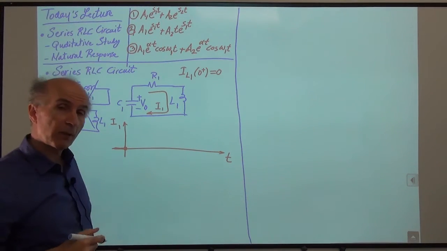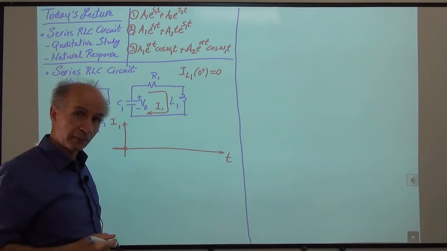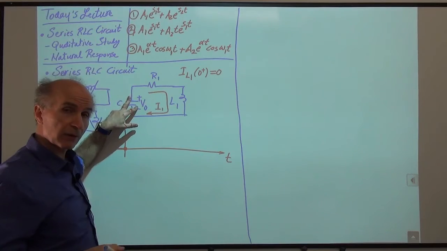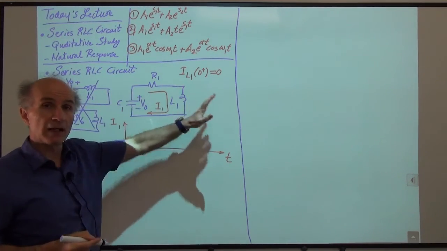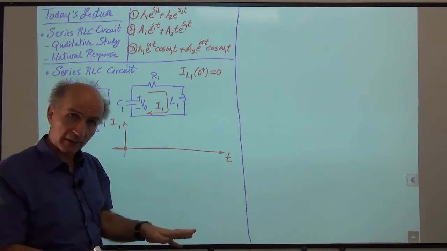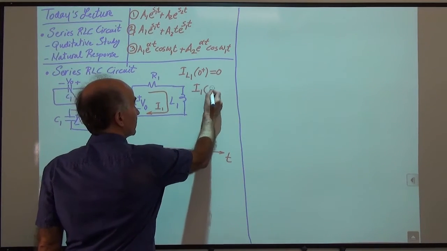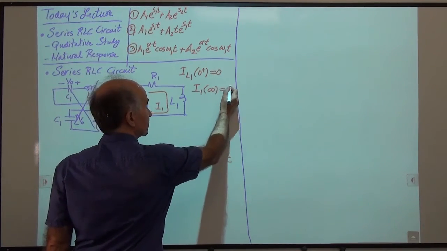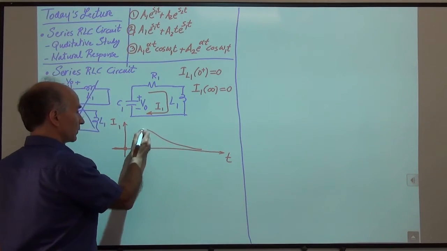Okay, and how much is I1 at time infinity? At time infinity it's also 0 because the energy in this capacitor is gradually lost to this resistor and everything dies away. So at time infinity we don't have any voltage left, any current left. So what we expect is that I1 at time infinity is also 0. So we're going from 0 to 0, and then in between we're doing something, right?